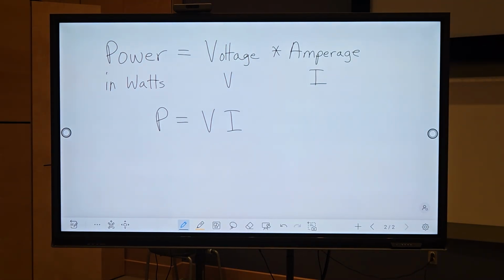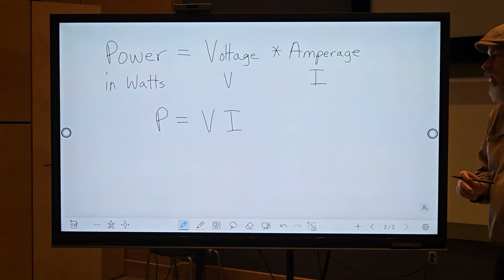So say you have a 100-watt light bulb in a 100-volt wall outlet, although it's typically 110 volts. Just for the sake of easy math, let's call it a 100-volt wall outlet. Power is 100 watts. Voltage is 100 volts. The amps used, the current being used, would be 1 amp.